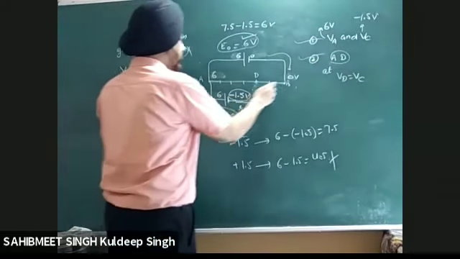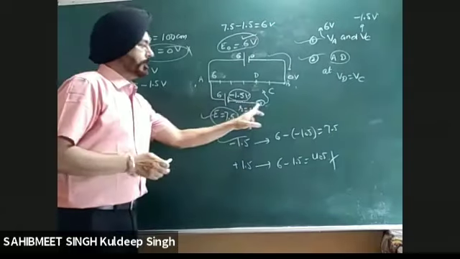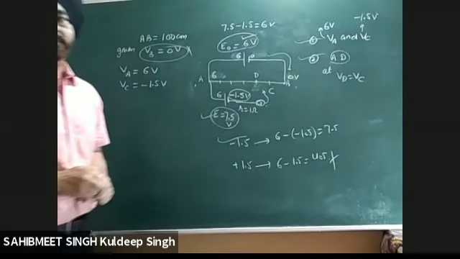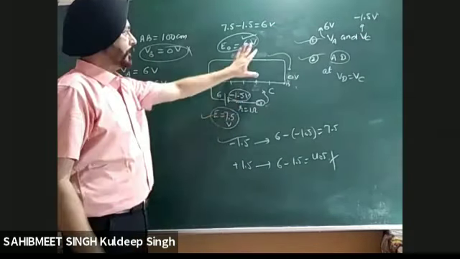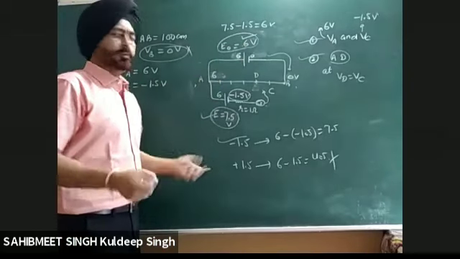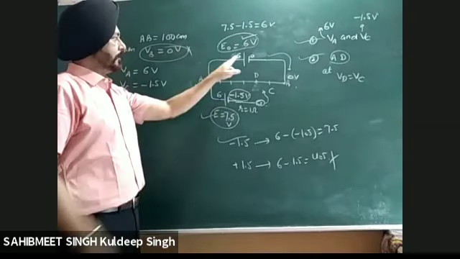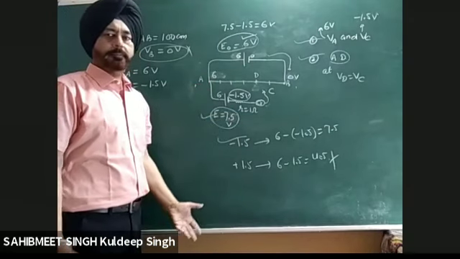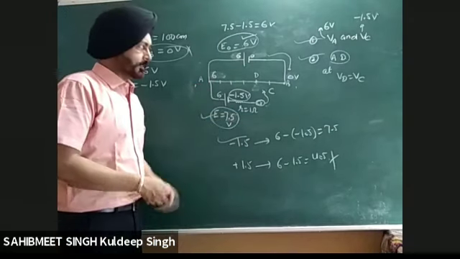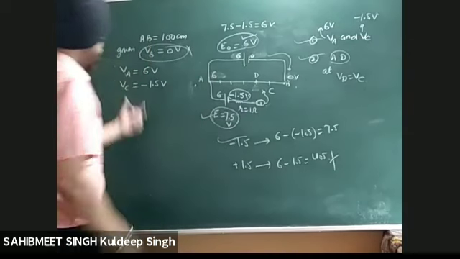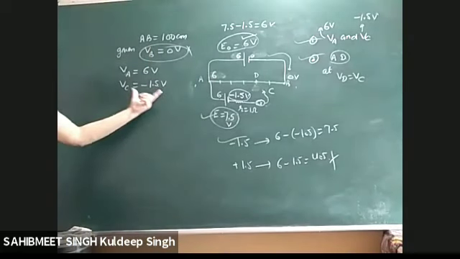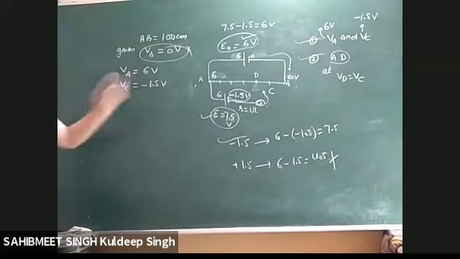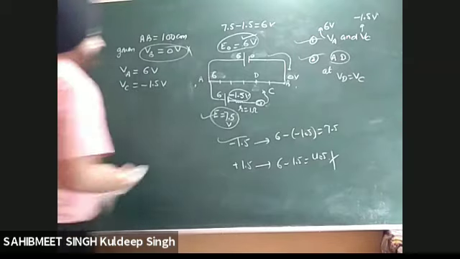So this cell will not be balanced by this one. And naturally we know it will not be balanced because this is 6 volt, this is 7.5 volt. It will never be balanced. Already we have discussed. But the most interesting point was this one. How to assign the potential? This was a very interesting question.